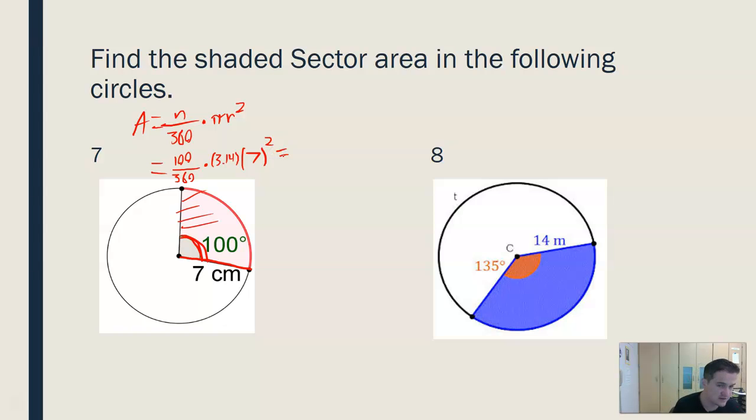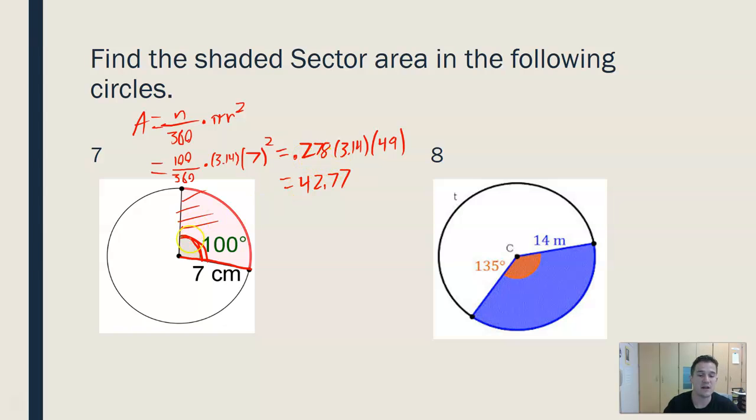Well, 100 divided by 360, I better take care of that first, is 0.278 times 3.14 times 7 squared, or times 49. So 0.278 times 3.14 times 49 is 42.77.